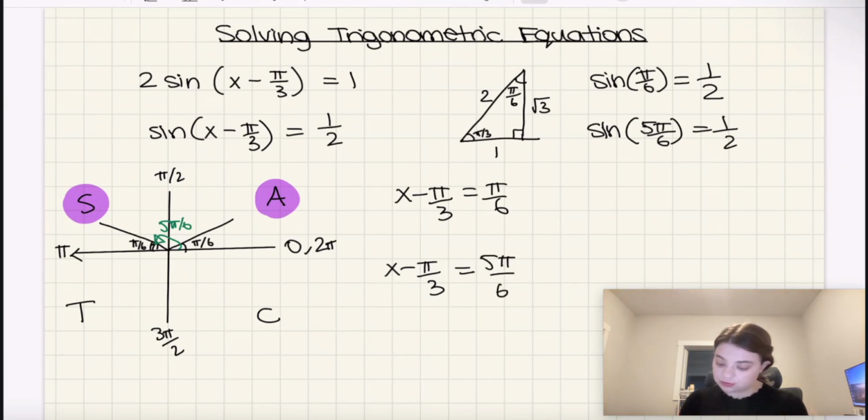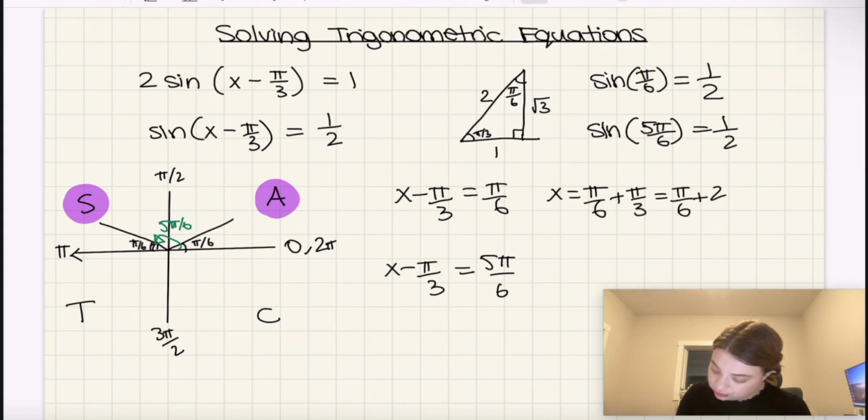Okay, so for this first one, I'm going to add pi over 3 to both sides. We would get x is equal to pi over 6 plus pi over 3. That means this would be pi over 6 plus 2 pi over 6 if we multiply by 2. And then we're going to get 3 pi over 6, which is pi over 2. So that's our first answer, pi over 2.